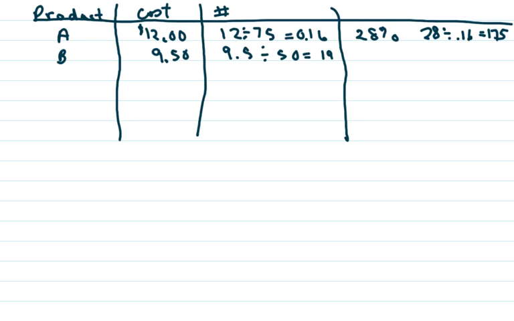The percent of calcium supplied is 40. So you take 40 divided by 0.19, and that gives you 211. And this is the percent of calcium per dollar.